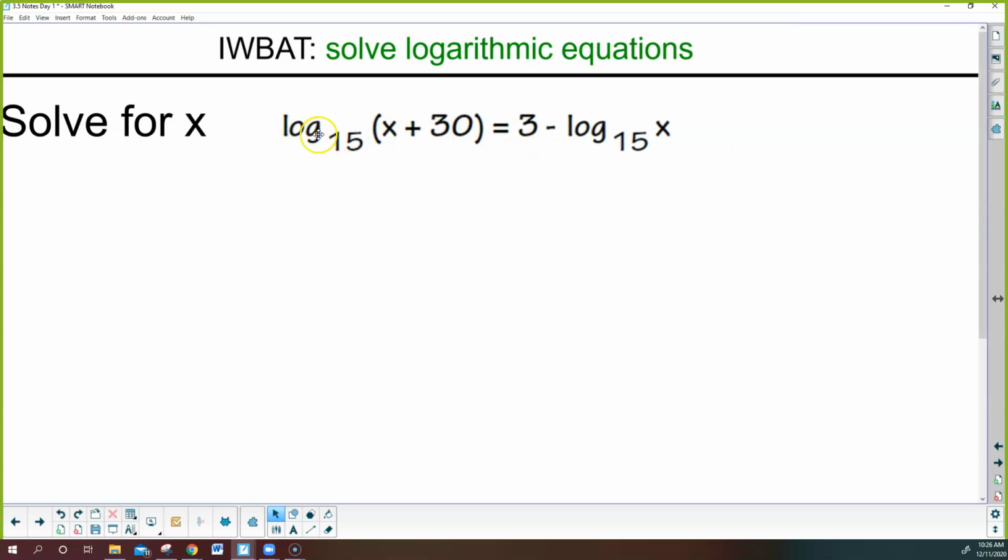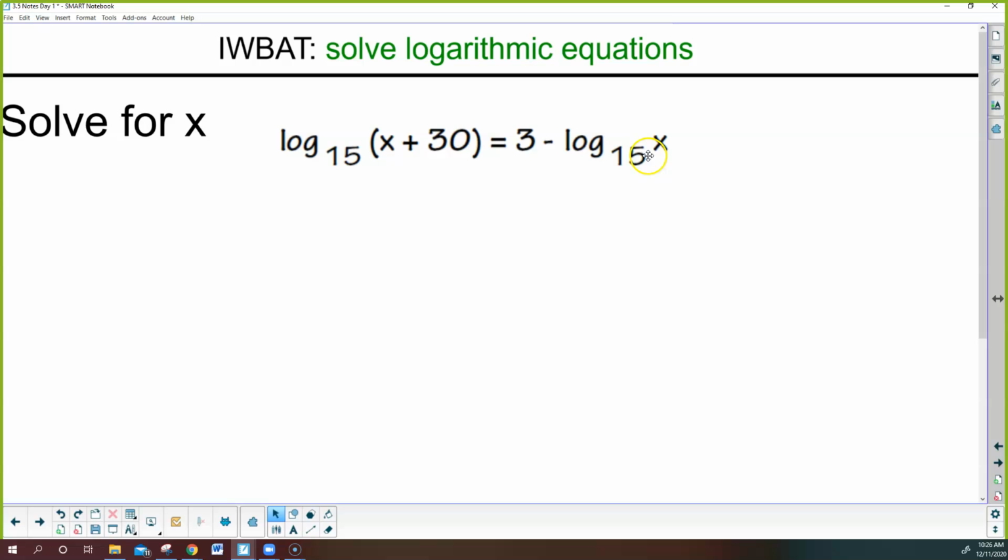We've got the log base 15 of x plus 30 equals 3 minus the log base 15 of x. But this 3, I can't combine the 3 with a minus log of x base 15. I can't combine these or condense them together. So I have to basically find another way to help me isolate the logs.